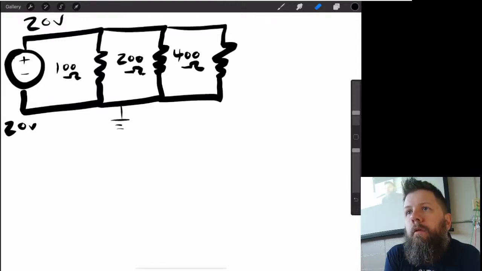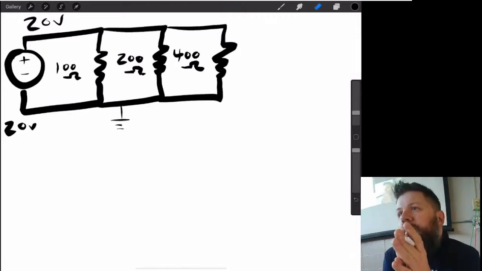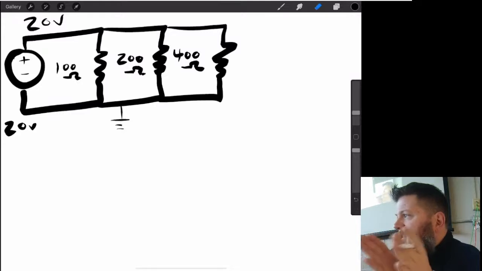All right. So, what's my voltage drop across my 100 ohm resistor? 20 volts. What's my voltage drop across that 200 ohm resistor? 20 volts. What's my voltage drop across that 400 ohm resistor? 20 volts. Okay. Now, we can find the total current that's going through there by putting all those resistors together and finding what that total resistance is, right?